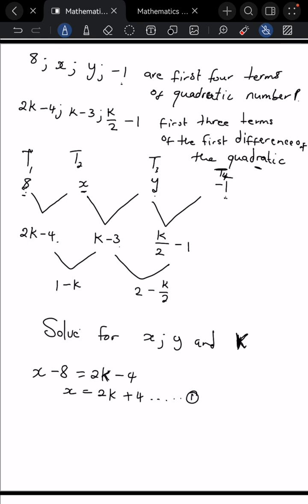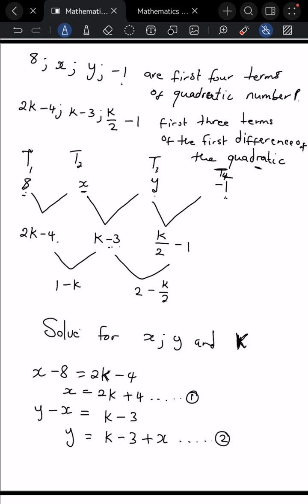Then we have another situation where t3 - t2 is equal to the given, so y - x = k - 3. Let's make y the subject: y = k - 3 + x. This is our equation number 2.